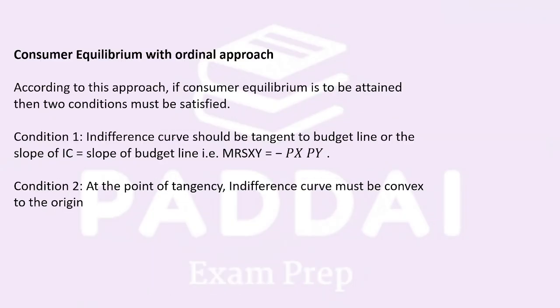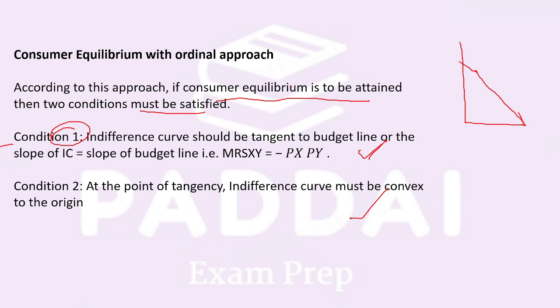Now with the ordinal approach, if consumer equilibrium is to be attained, two conditions must be satisfied. You don't have to go into much detail in this approach; just remember the two things. First condition: the indifference curve should be tangent to the budget line. This is my budget line, and the indifference curve has to be tangent, just like a tangent to a circle.